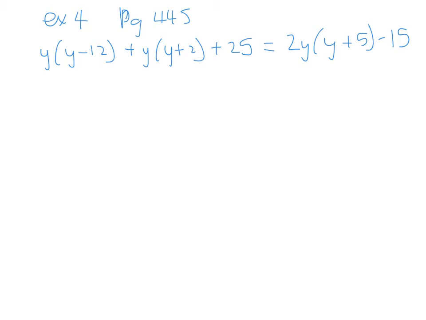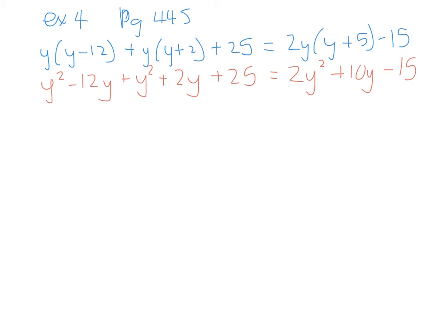So you're going to go ahead and distribute every time you see parentheses. That will give me y squared - 12y + y squared + 2y + 25 = 2y squared + 10y - 15. Now we have to combine like terms.